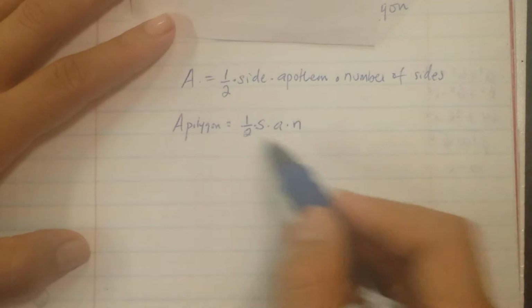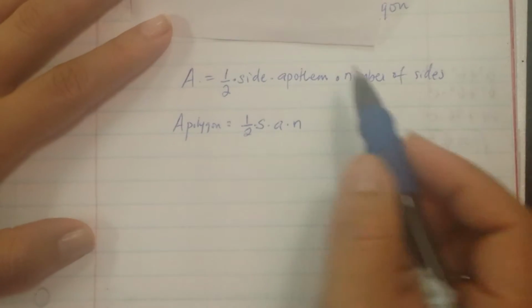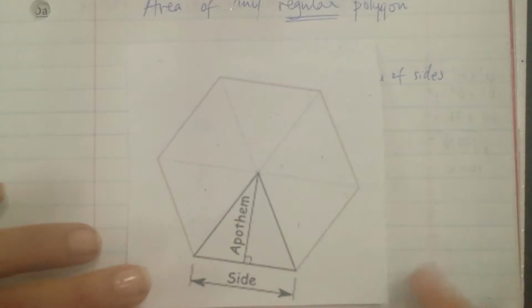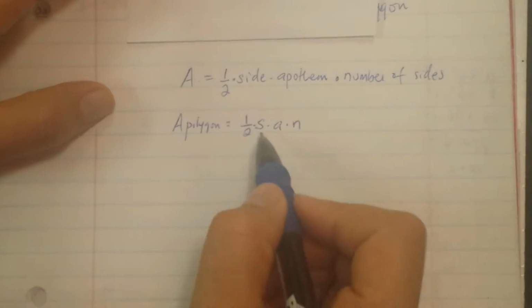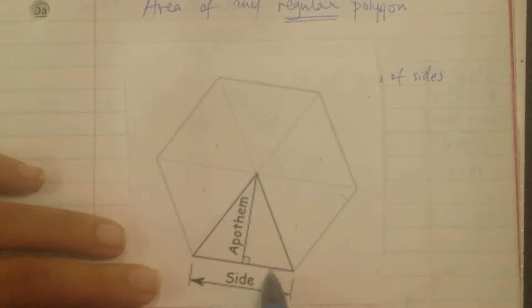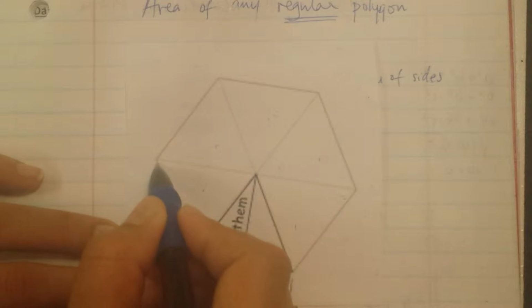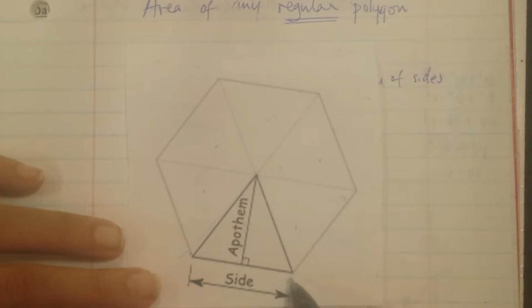Now, that will work fine every time, or we can shorten it, because it depends what the question gives you. We can shorten S times N. Think about it, if I take this side times the number of sides, what am I really finding?